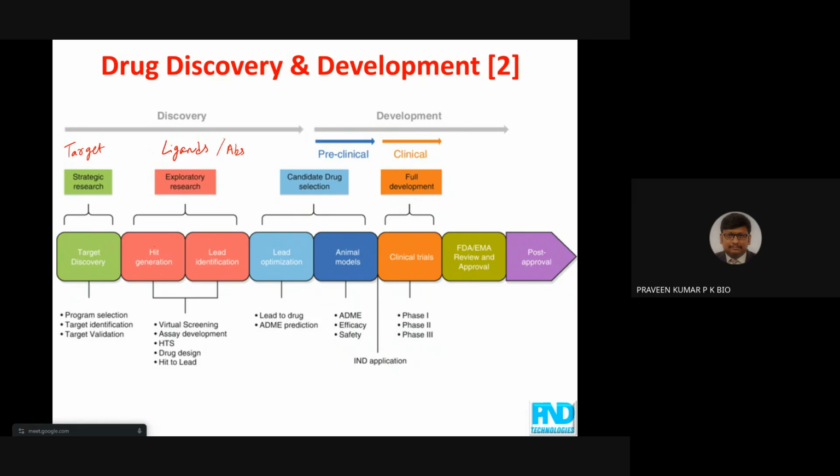Okay, out of numerous similar compounds, we try to find which is the best compound. That is what we call a lead. Whatever we identified as the best compound, the lead, we try to optimize it. Like we detach the functional groups in the existing drug, and we attach some other functional groups, and we check whether the binding efficacy is going to increase or not. So we optimize the lead, the existing drug.